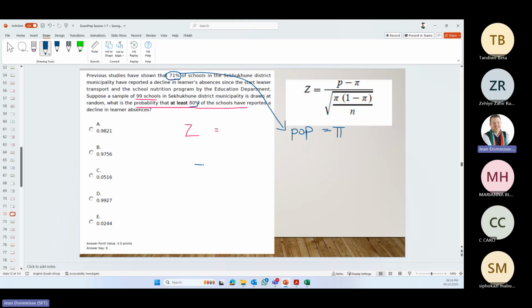Let's write it first. At least, is it more than? No. Is it less than? At least means if it's at least 80, it must be 80 or more. So 0.8 minus 0.71.